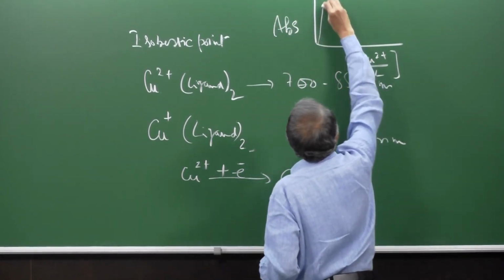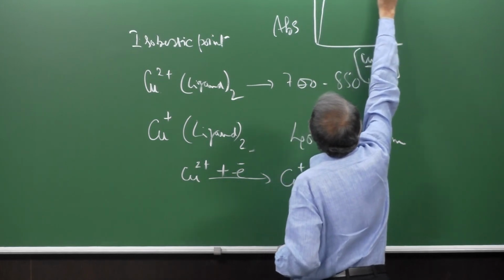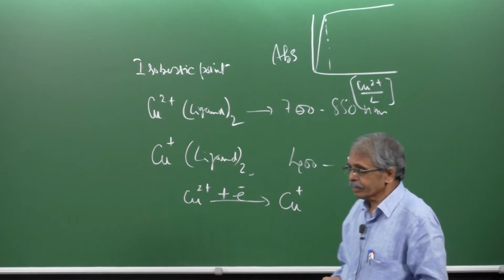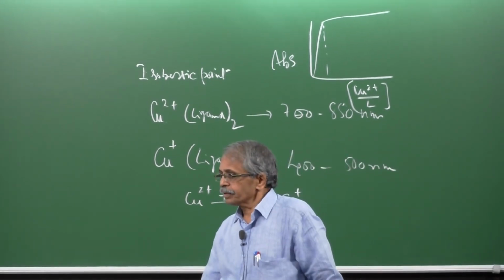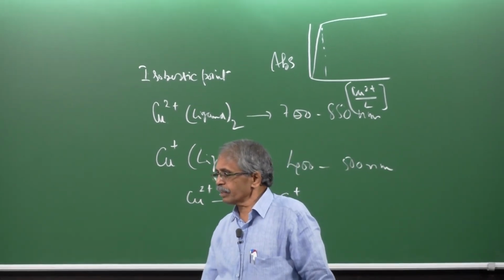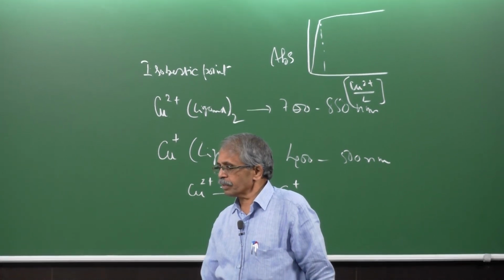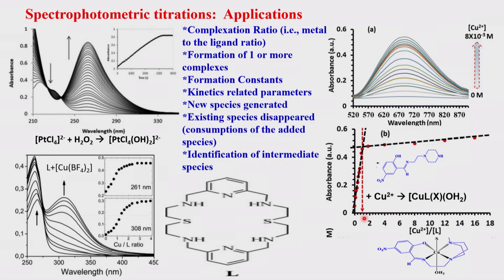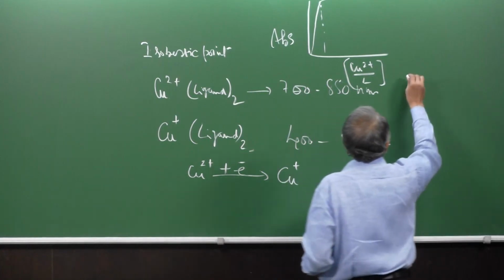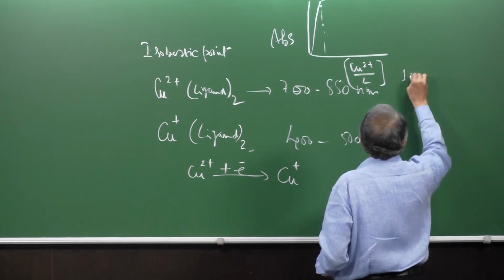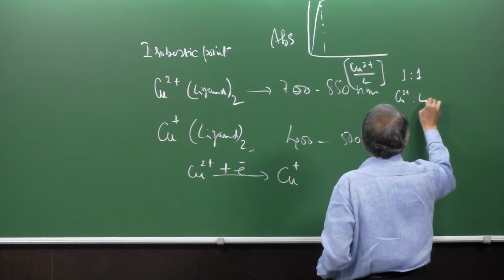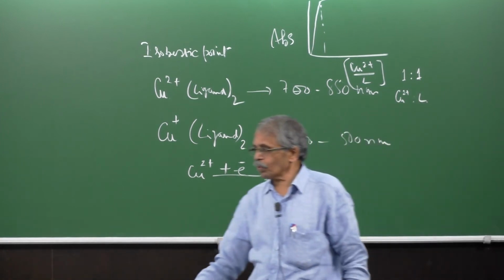Okay, so you have an increase, and from this you can find out where the break is. You can see that the increase here is very little, that means saturation. There is a dramatic increase here, it's linear, and this is the break point. So what is this showing? At 1, that means this is forming a 1:1 complex between copper 2+ and the ligand, and that is what is shown over here.